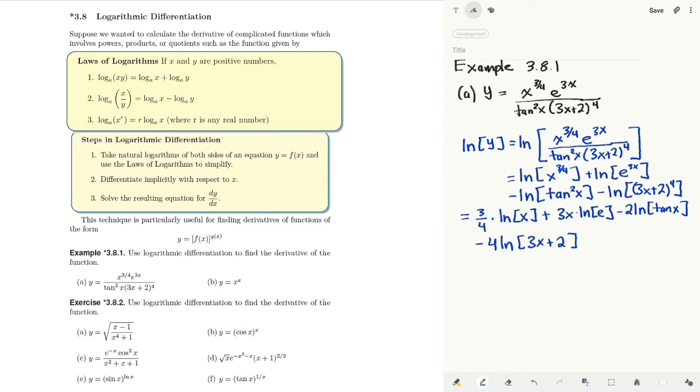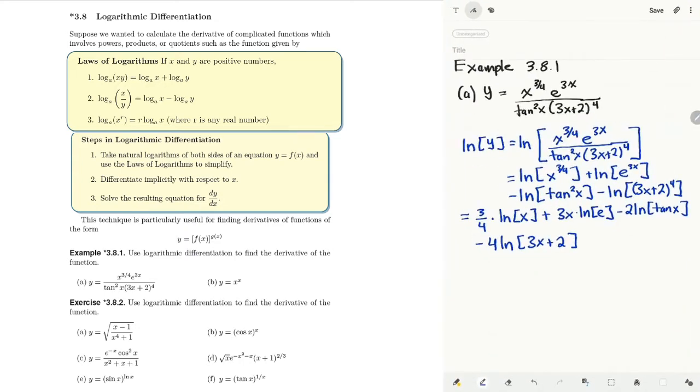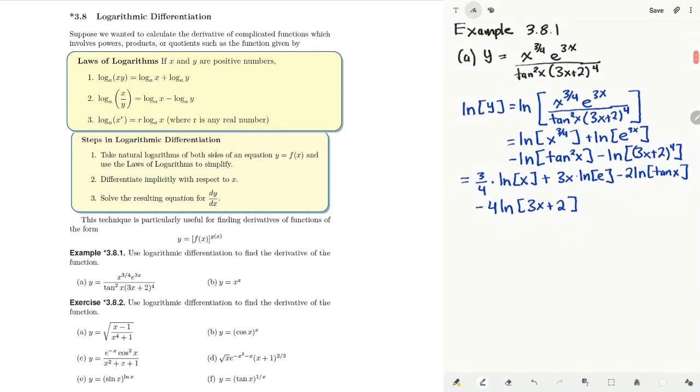So now that we've simplified the right-hand side of the equation, we can now use implicit differentiation. We're going to take the derivative of both sides with respect to x. On the left-hand side, we have the derivative of the natural log of y, is equal to the derivative with respect to x of the right-hand side.